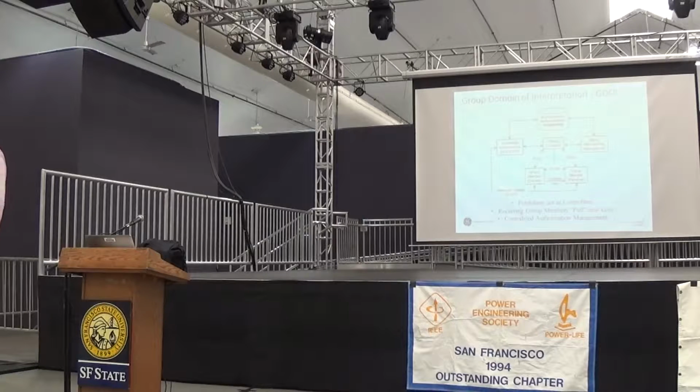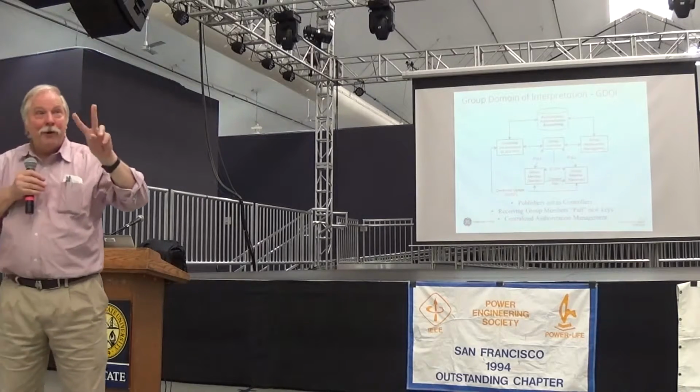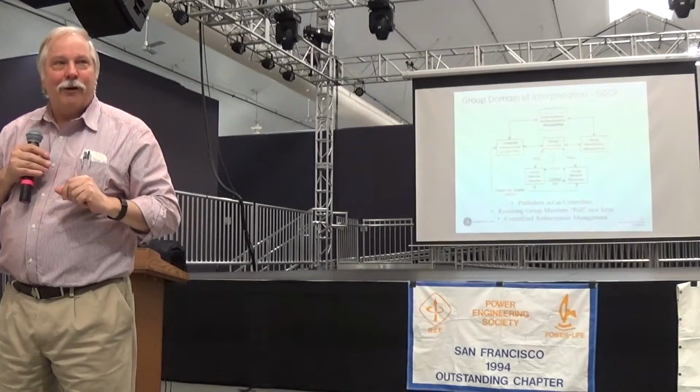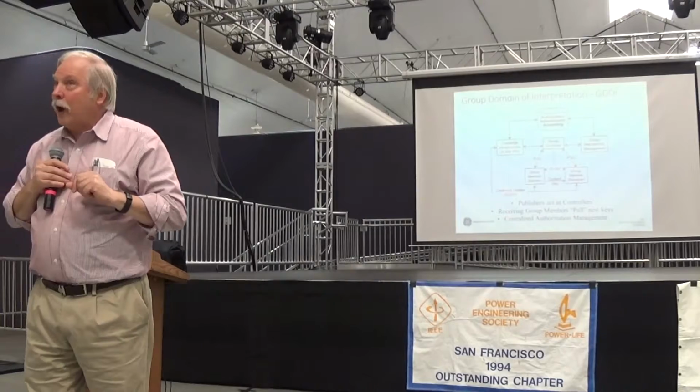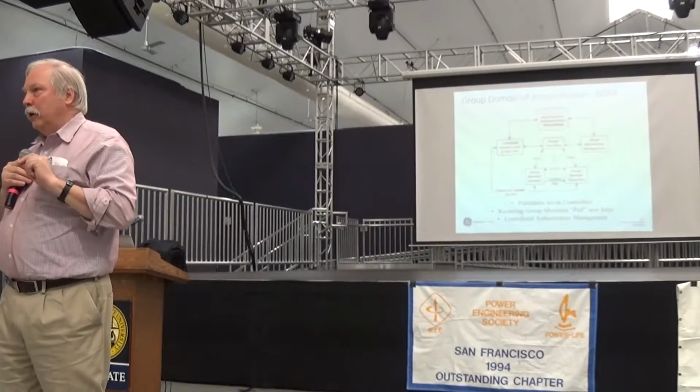So a variant of this Group Domain of Interpretation was created for the utility industry. And right now there are 2 pending IETFs we need to get through, the Internet Engineering Task Force. And this is the concept of key delivery assurance.